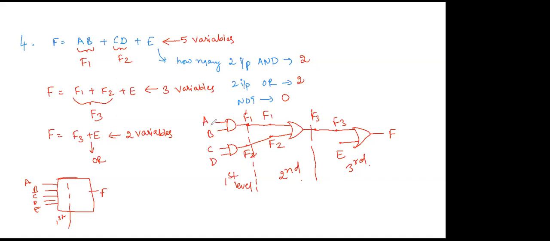So here, take the variable A. It is passing through the first AND gate, next OR gate, next again through an OR gate. So it is passing through three gates or three levels, first level, second level, third level. Okay, next.